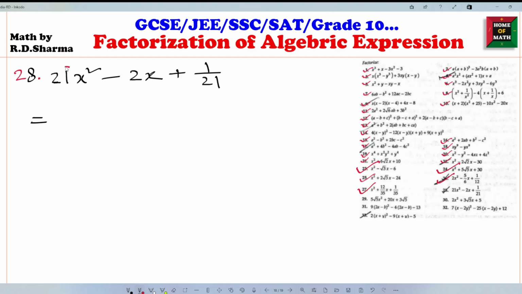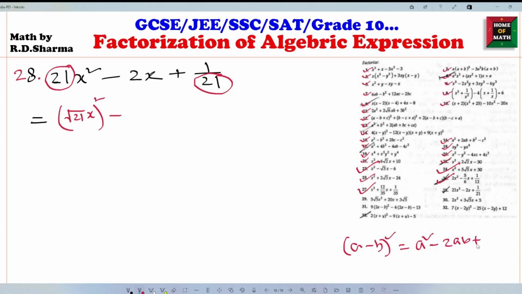So look, this one, a and b on this side are similar, so we can write it like this: √21 x, whole squared, minus... we know the a² − 2ab + b² theory, so minus 2ab, so 2 times √21 x times 1 divided by √21, plus b means 1 divided by √21, whole squared.